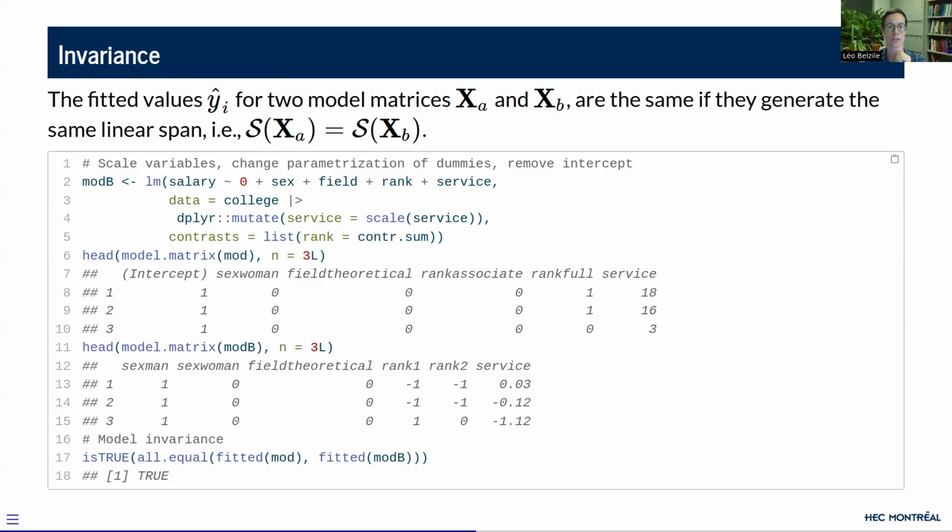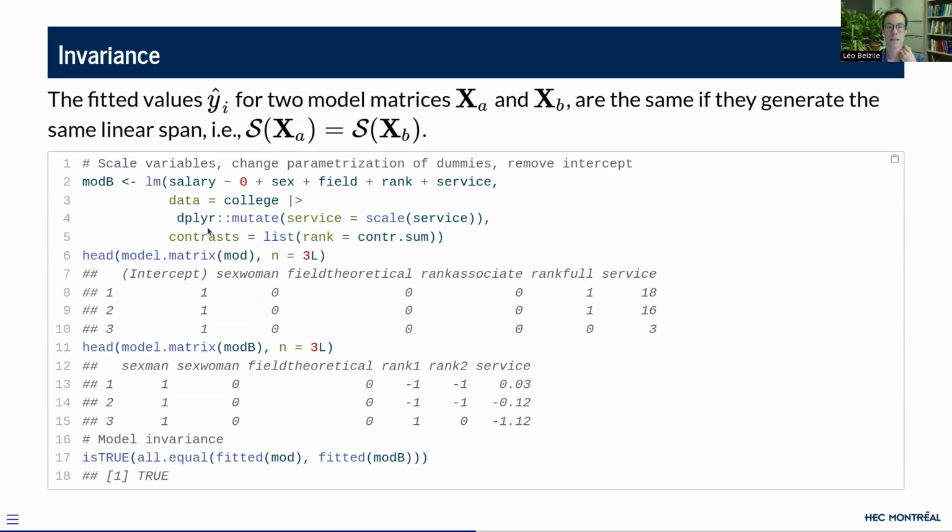Here's a demonstration. I'm going to fit a model. So the default model, which I'm not showing here, is sex plus field plus rank plus service. And you can see the model matrix here on lines 7 to 10. I have the intercept. I have a dummy for woman. I have the field, 0 for applied, 1 for theoretical, and so on.